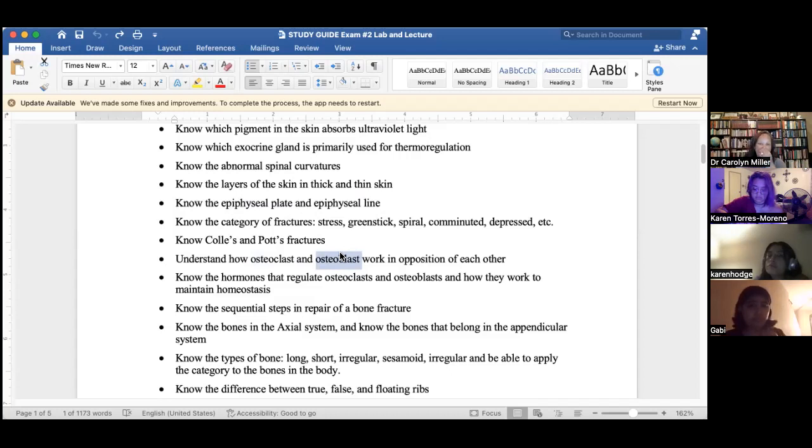So stop, think about it, read the question, and I just gave you osteoclast, PTH, increase. Osteoblast, calcitonin, increase. PTH and calcitonin work in opposition of each other because you won't have clast and blast activity both increasing at the same time. One's going to increase by one of those hormones while the other one decreases. The other one will increase this one while it decreases that one.